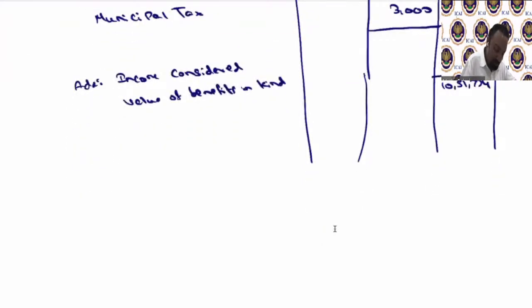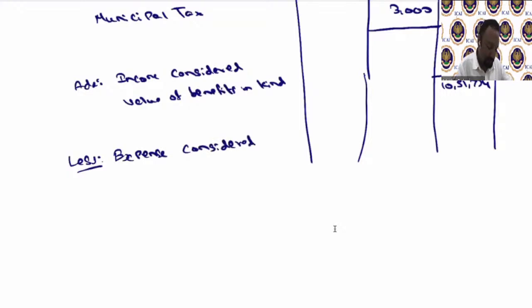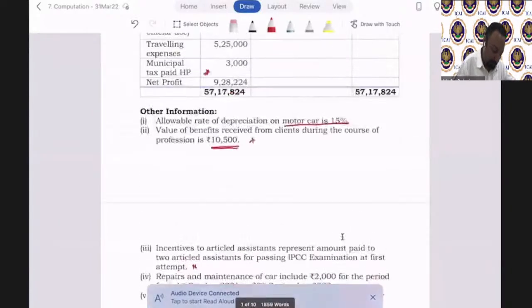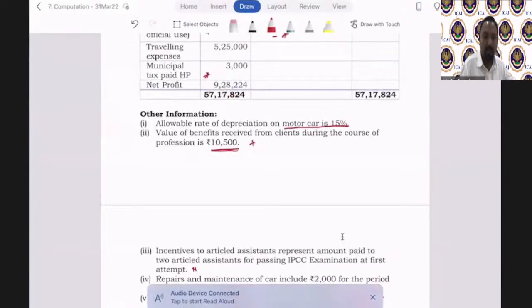Now we'll have to go to reductions. Less expense considered. As far as the expense considered is concerned, we add depreciation as one thing. We said depreciation needs to be provided at the allowable rate of depreciation on the motor car.